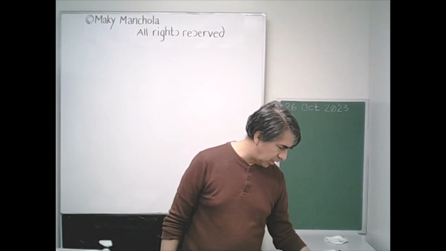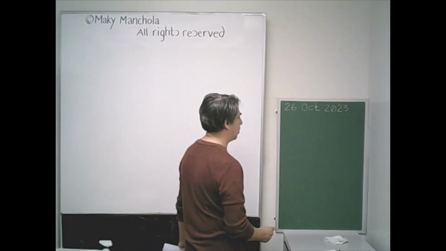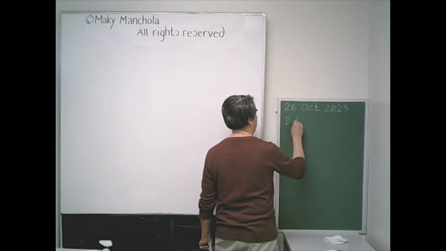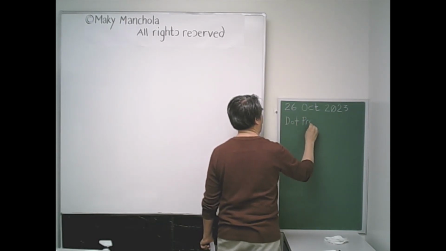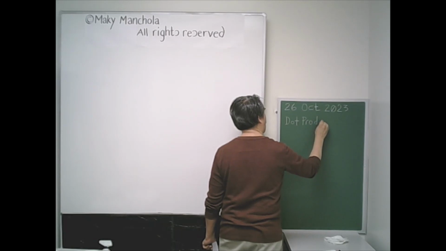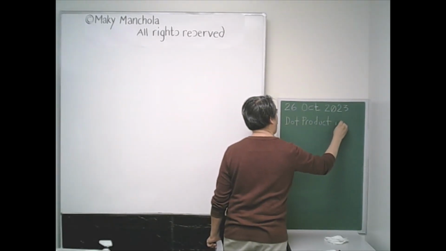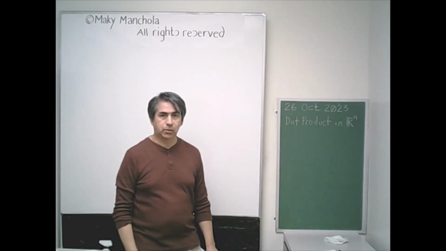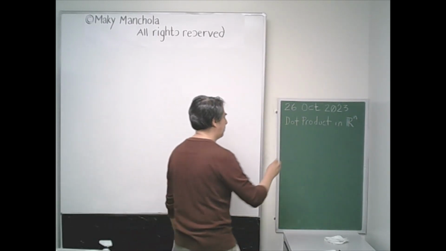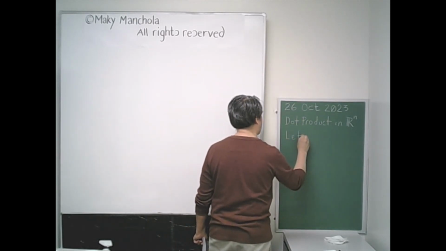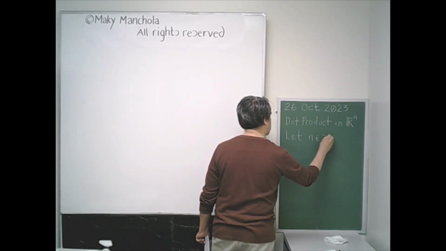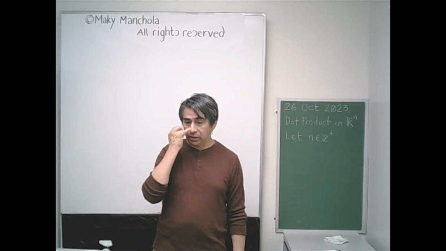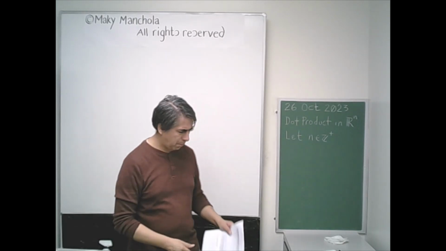Here's our lecture today, the dot product in Rn. So let n be a positive integer. Generally, we pick n to be 2 or higher, but it could be 1 as well.